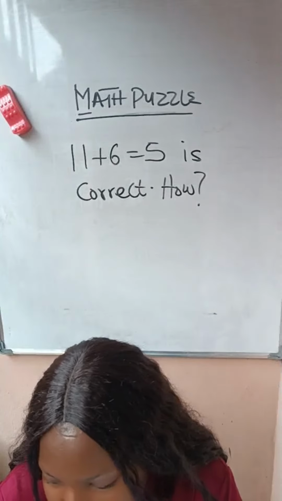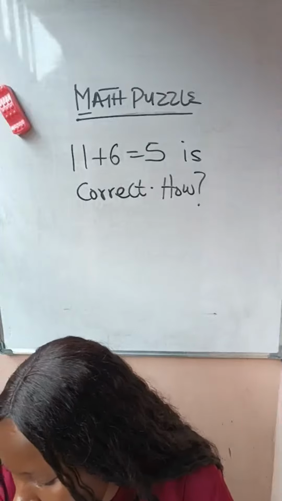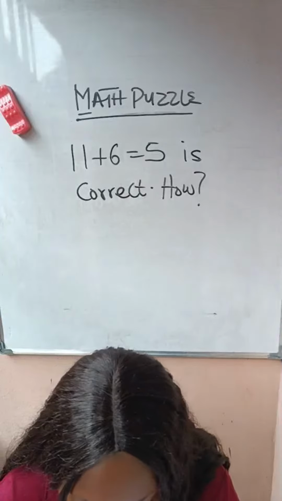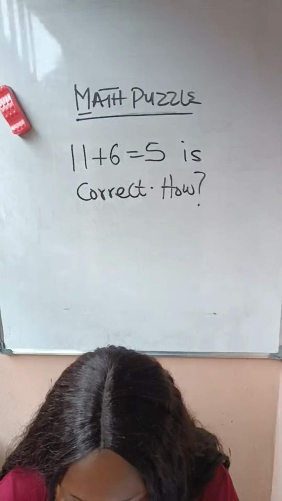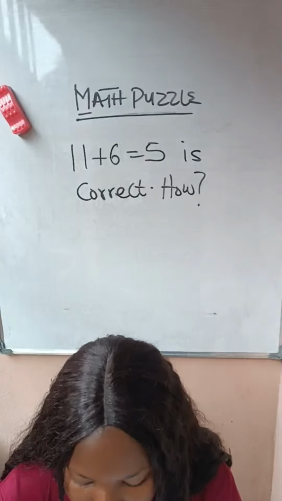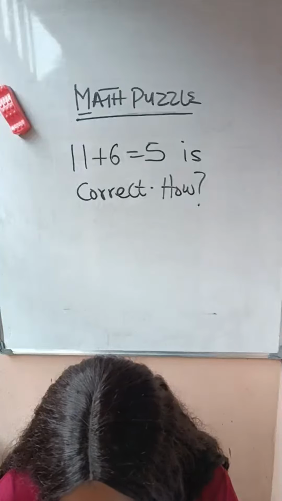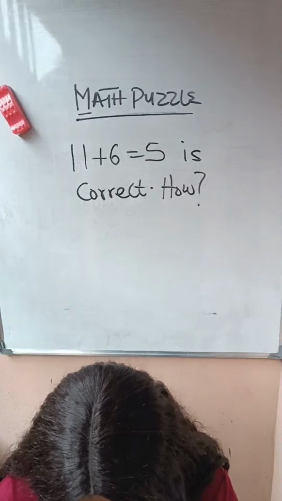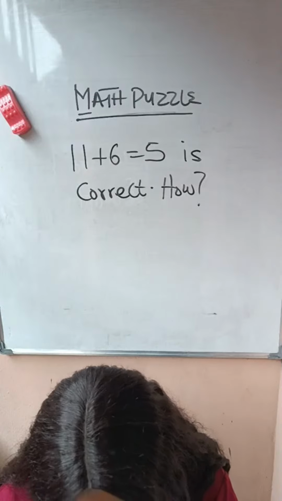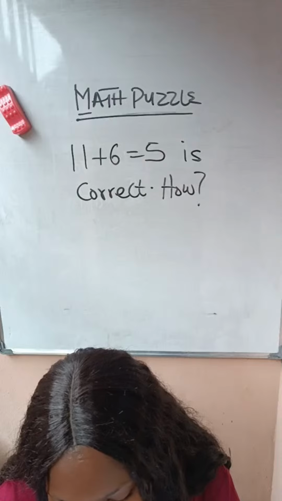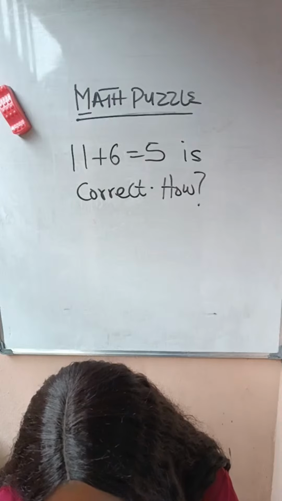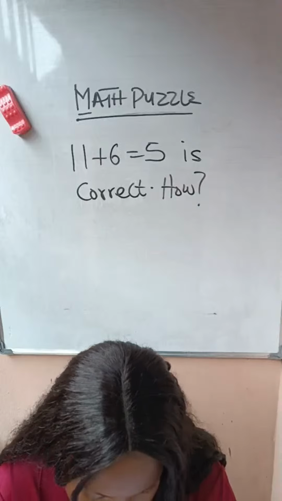Just figure it out. Think outside the box. How can you add 6 to 11 to get 5?